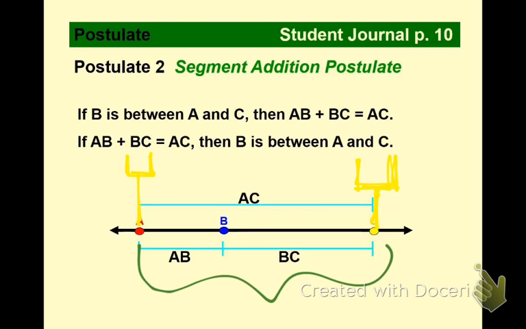How long is a football field? 100 yards. From the front of the end zone to the front of the end zone is 100. So let's say you've made it down 20 yards of the football field from the end zone to point B. How far would you have to go to get into the other end zone?